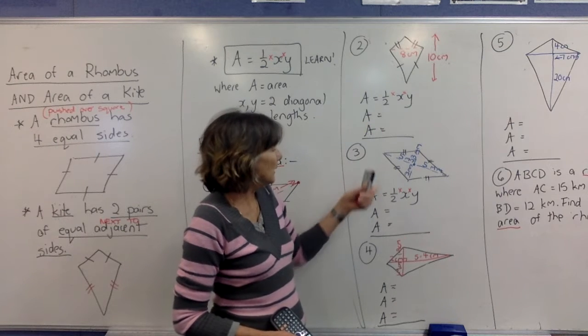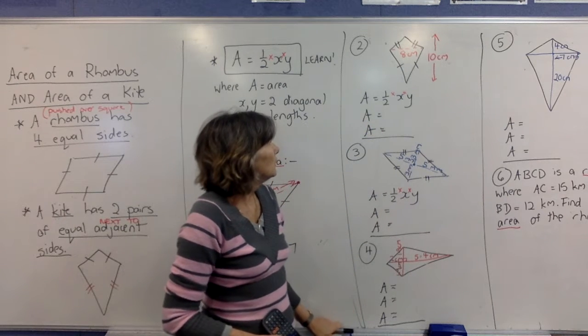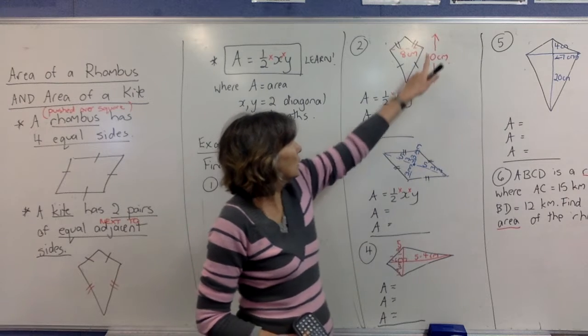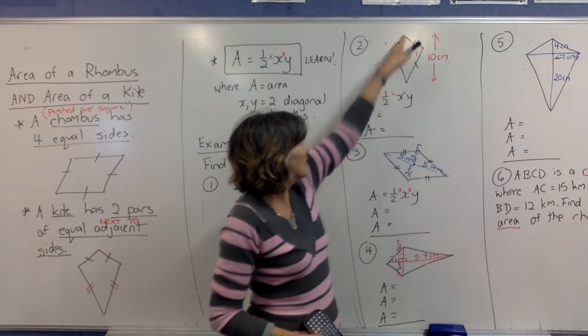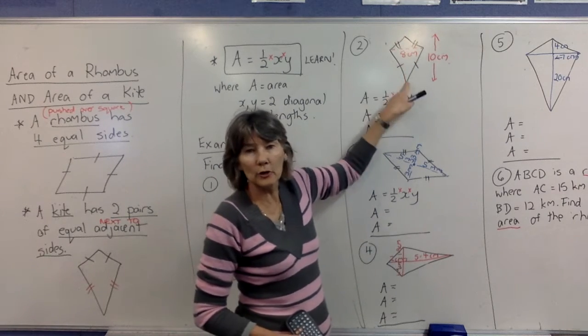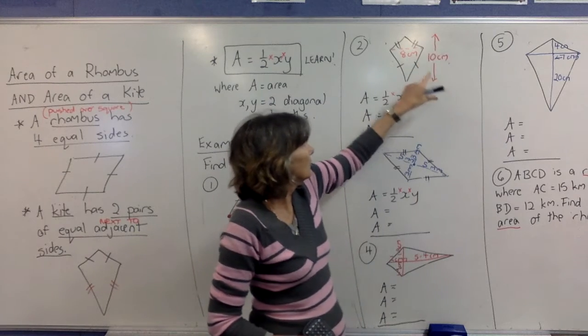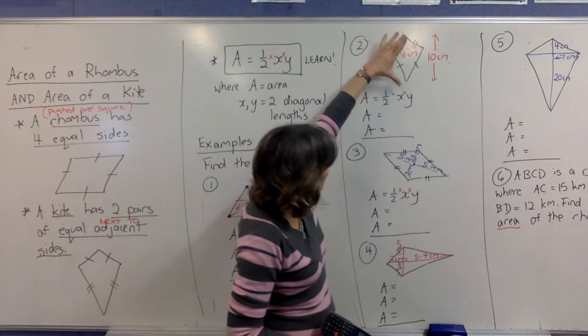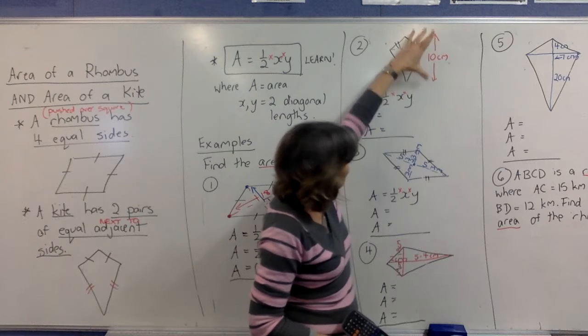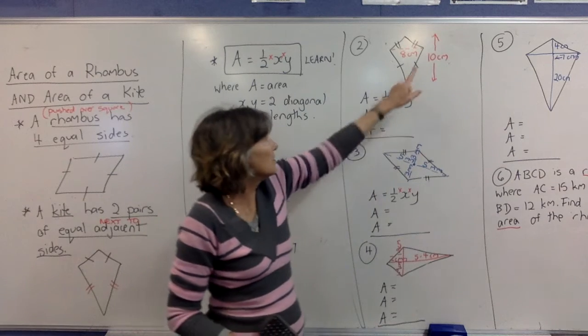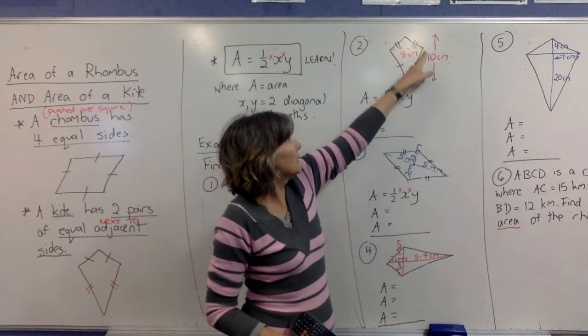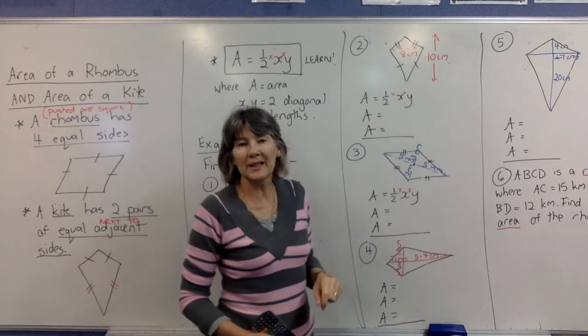Now, we're looking at our diagonals. So this diagonal that goes from here to here, they've shown you that one by putting it over here. So if you can imagine, you take these 2 points and move out a bit, they're telling you that that diagonal length is 10. And the other one going from here to here, they've told you is 8.